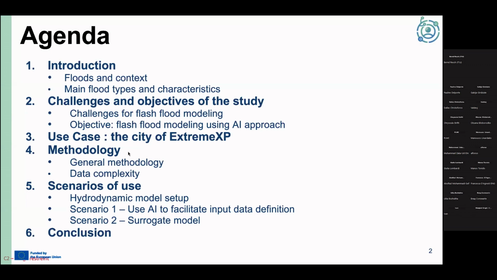Then I will explain my methodology, with the general methodology and also the complexity of the data we are using, and then the scenario of use, because we can make the difference between different strategies of how I can use machine learning to facilitate the modelization of flash flood.